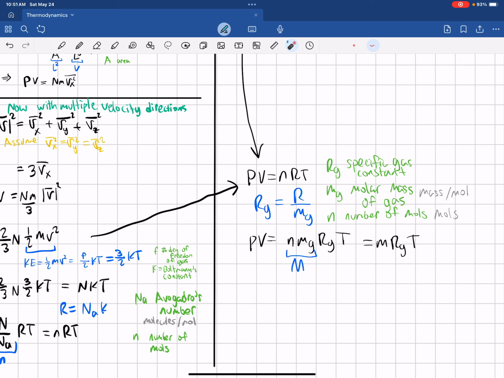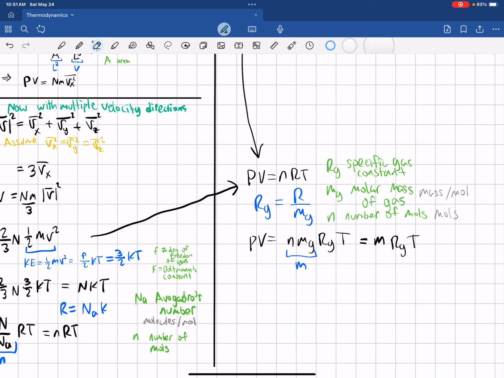That could be our gases. So we've defined this, we plug it in, we'll have Mg times Rg, and then we can define Mg times n as our mass, which I think we can call, actually let's call it little m.